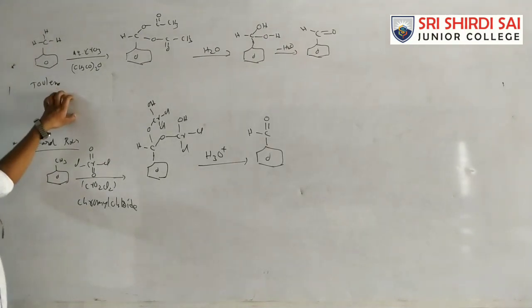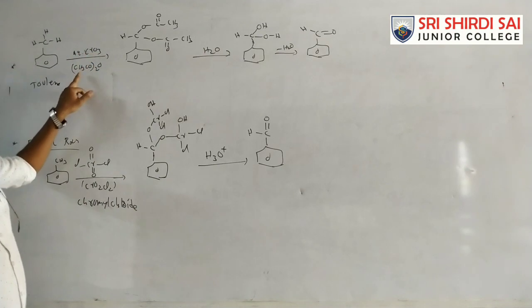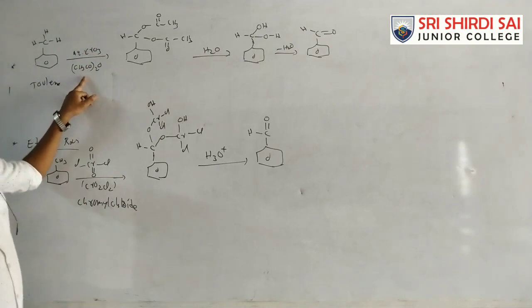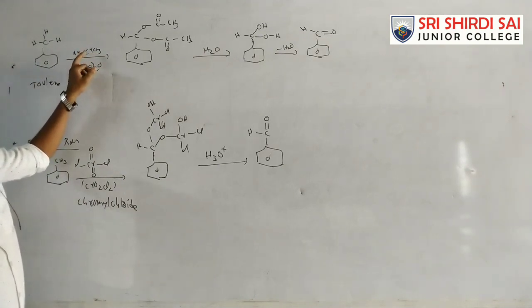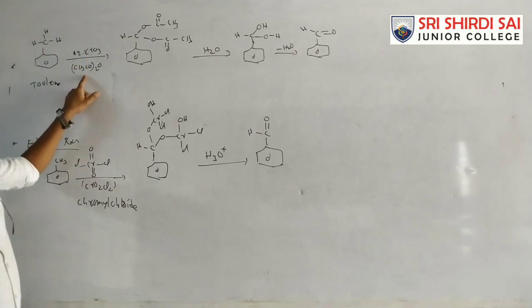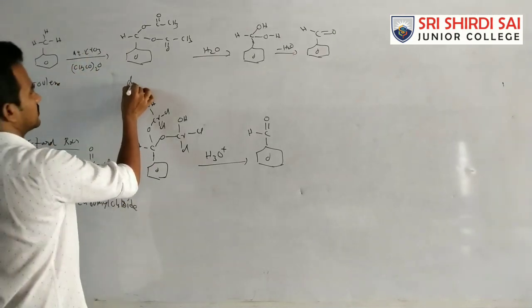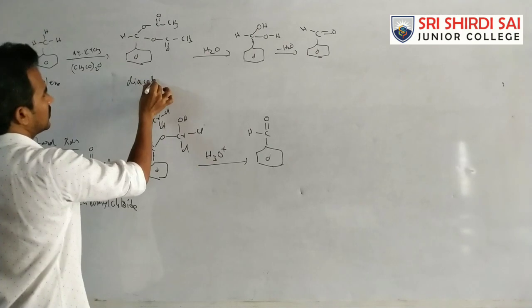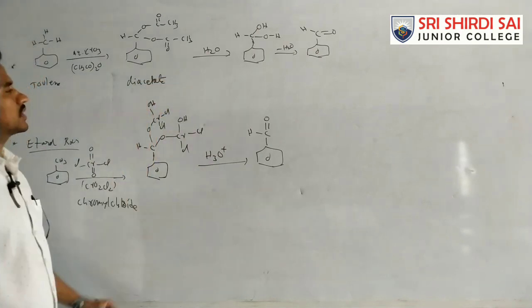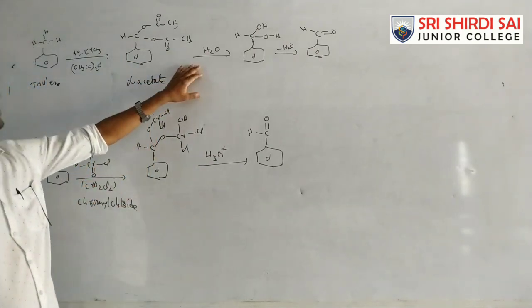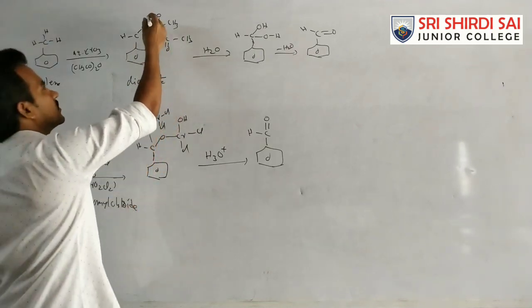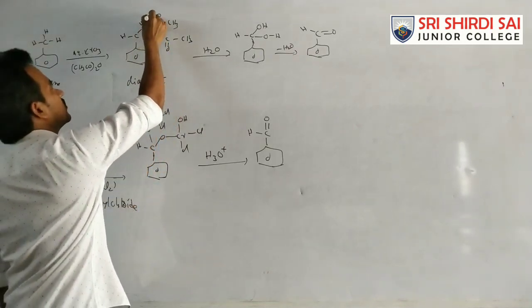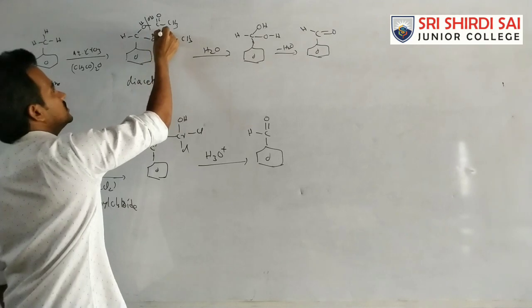This toluene I am treating with aqueous CrO3 and acetic anhydride, aqueous chromic trioxide and acetic anhydride. We will get the diacetate. This diacetate on hydrolysis gives H, OH, H and OH, a gem diol.